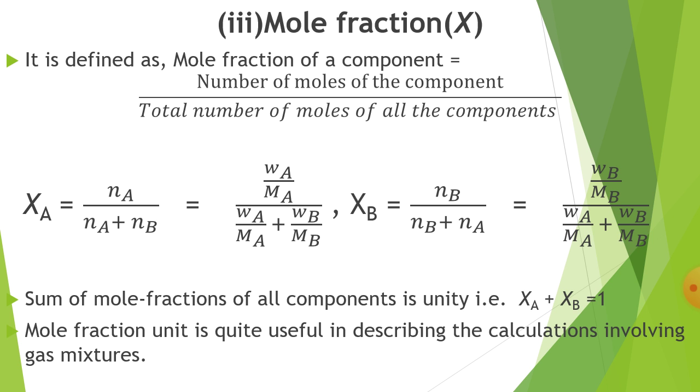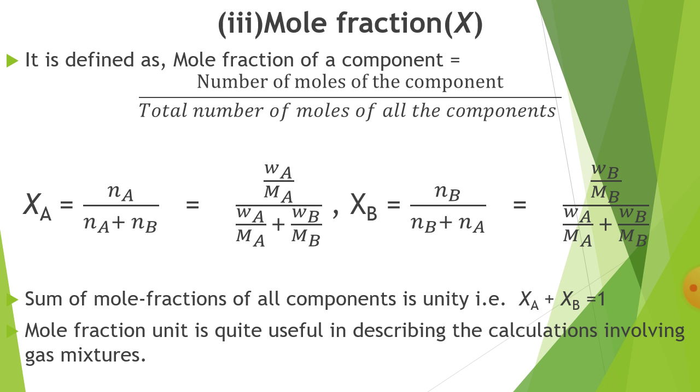As you know, and I also taught you in class 11 about the number of moles, mole fraction, molality. The number of moles is equal to mass by molar mass. This formula in terms of mass and molar mass can be written as follows.